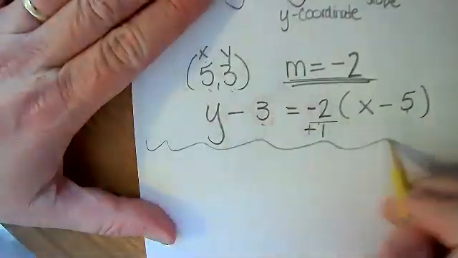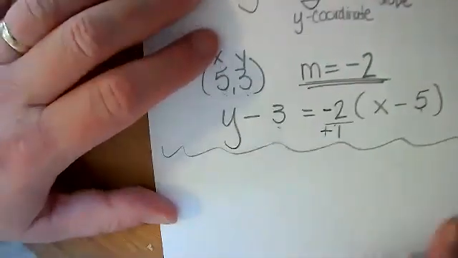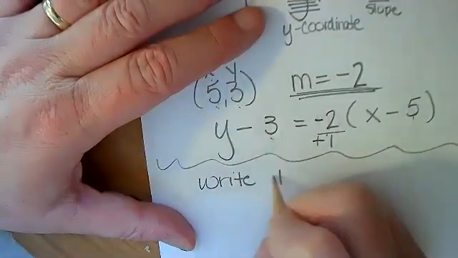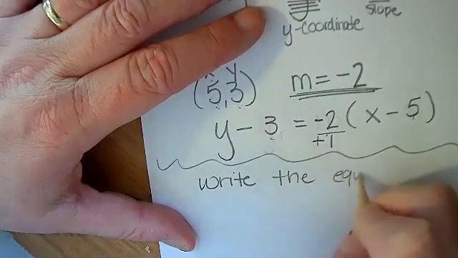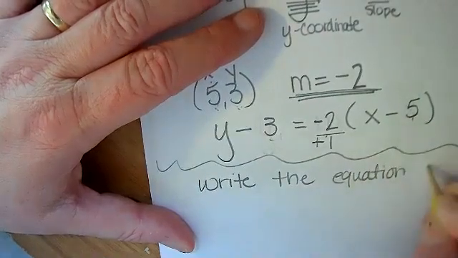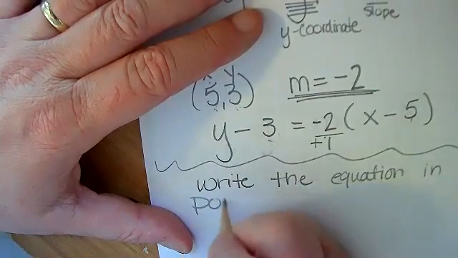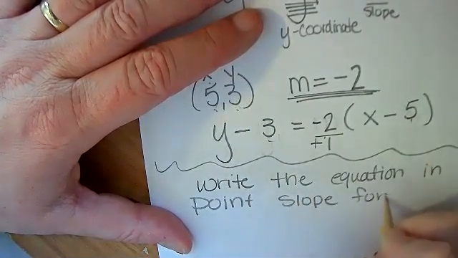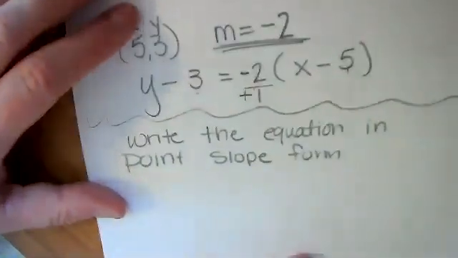All right, so here we go. We're going to take a look at another one. All I want you to do is write the equation in point slope form. So that's all we're doing right now, okay?